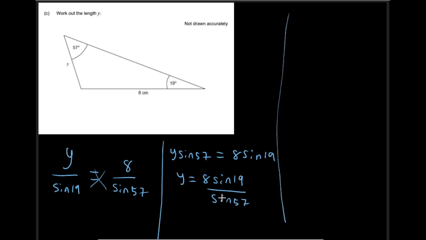Simplifying further, we have 8 sine 19 divided by sine 57. So this gives us y to be 3.11 cm. I think this question is a repeated question that has come out before.